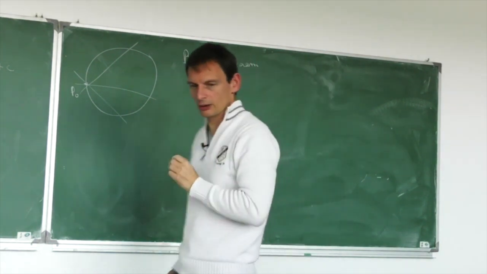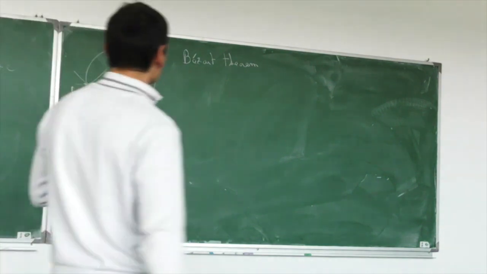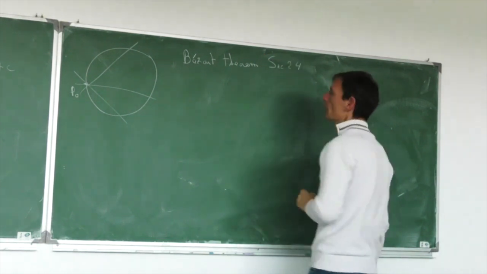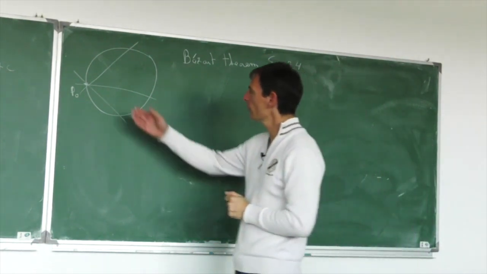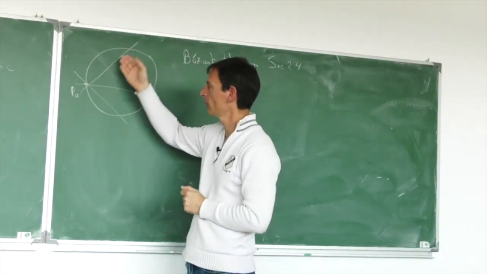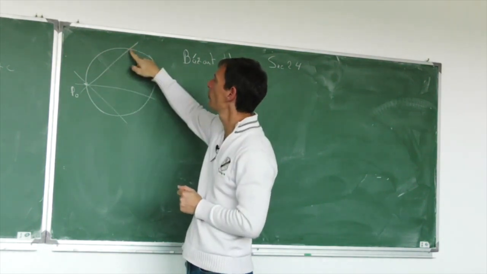which is in section 2.4. Well, in that case, you know that there is at most another intersection point, because this is a line, so it's degree 1, this is of degree 2, so there is at most one point.